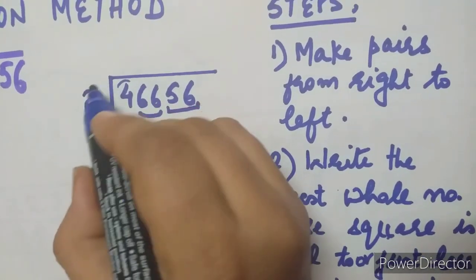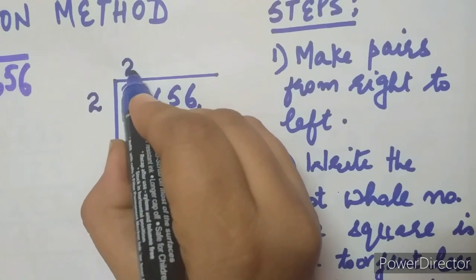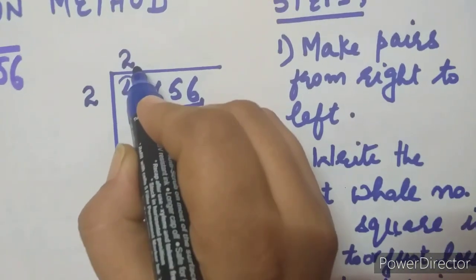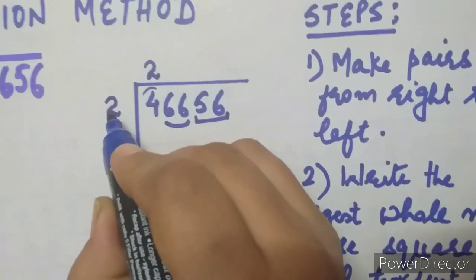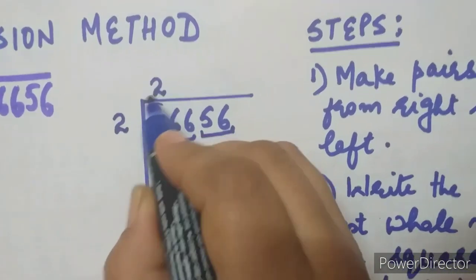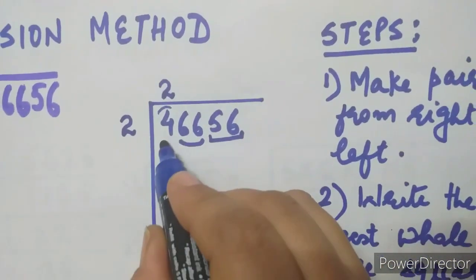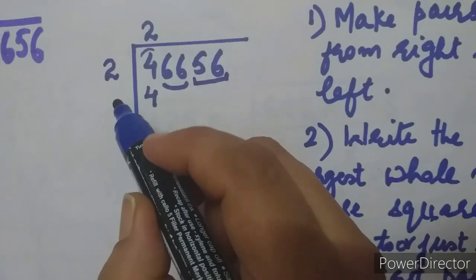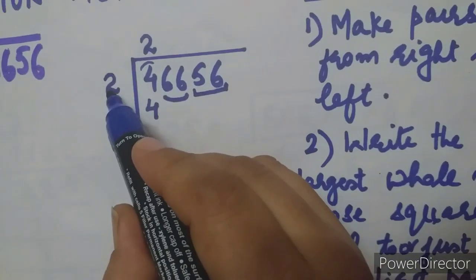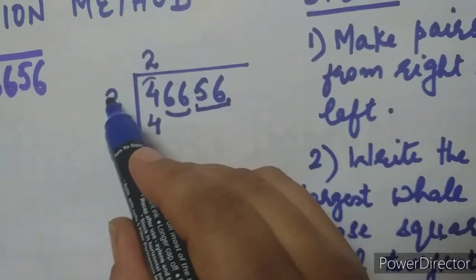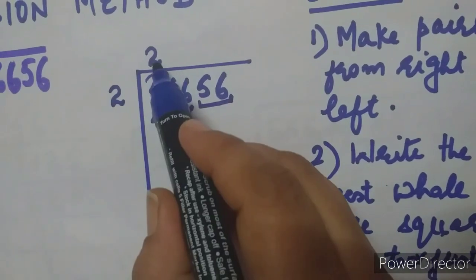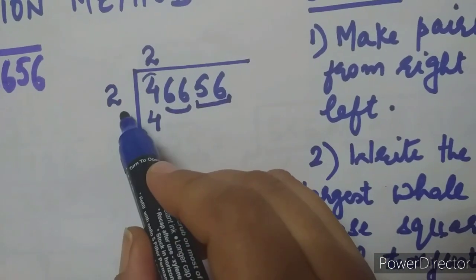Why 2? Because the square of 2, and that another 2 quotient I am going to write here. You always should write here 2 multiplied by 2, or 2 square, the answer is 4. So remember, the digit here, meaning the divisor and the quotient, should be the same. That is the most important thing of this method.